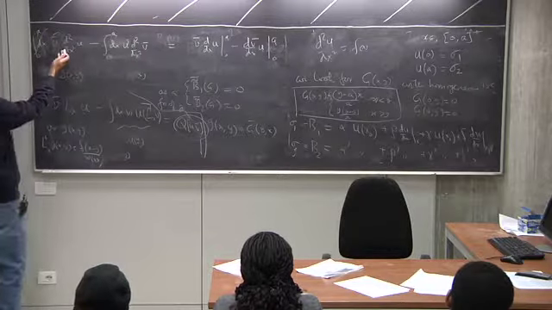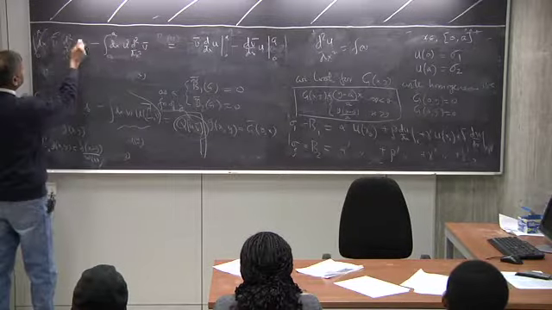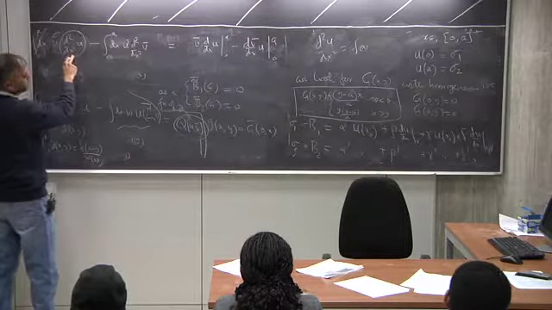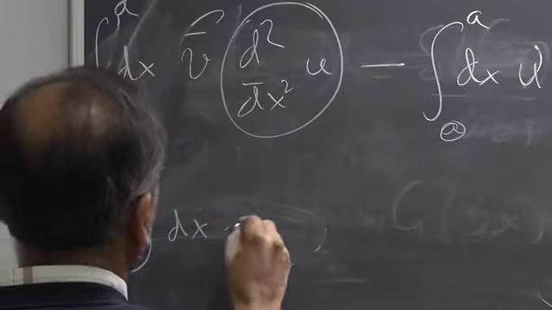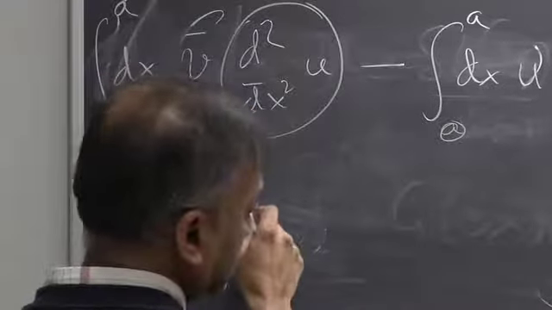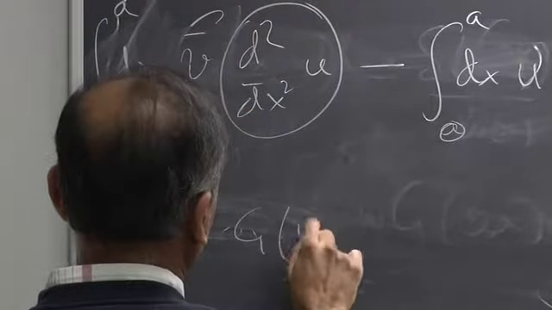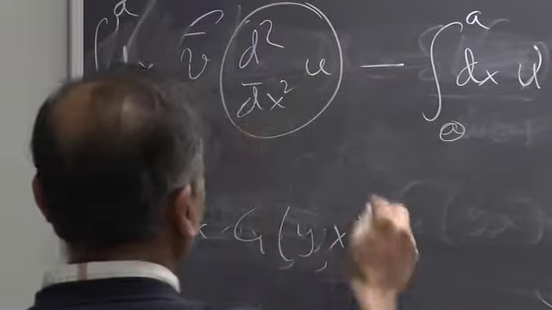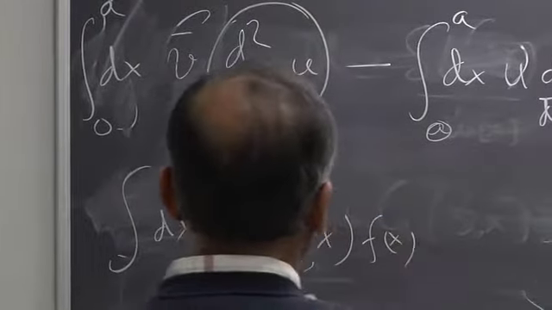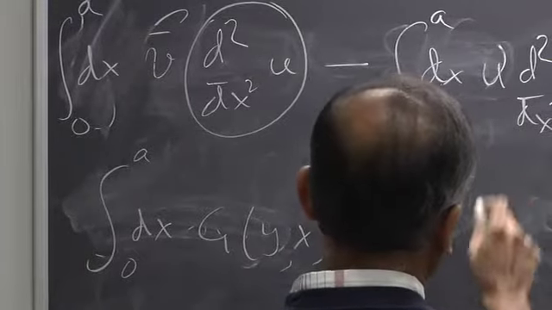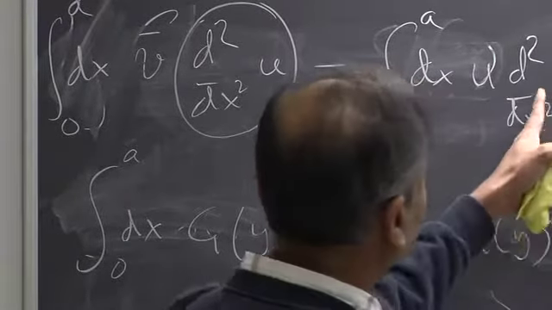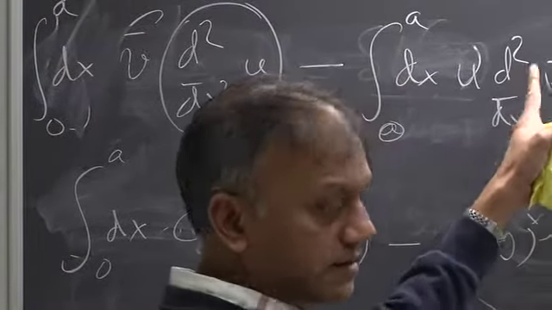But in any case, so you'll get from here this integral d2x, this is f. So the first term just gives you the integral dx g bar x,y, which is the same as g y,x, times f of x, from 0 to a. And this one will give me minus u at y, because this satisfies the Green's function equation, the delta function.